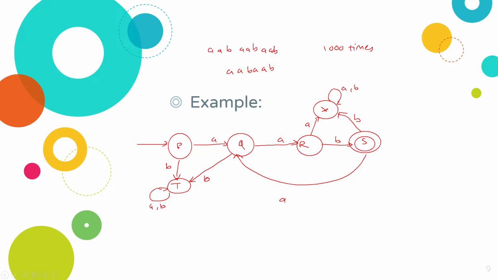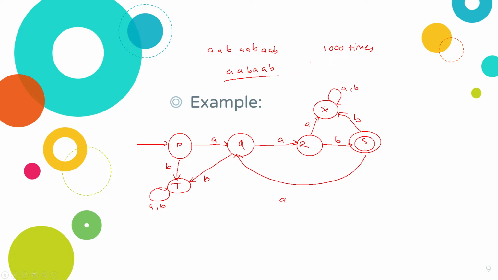You get an input of A, you go to state Q. You get another input of A, you go to state R. You get another input of B, you go to state S. And again you have an A, you go to state Q. Again you get an A, you go to state R, and from there you get a B, you go to state S. So this AAB pattern we can get for an infinite amount of time.